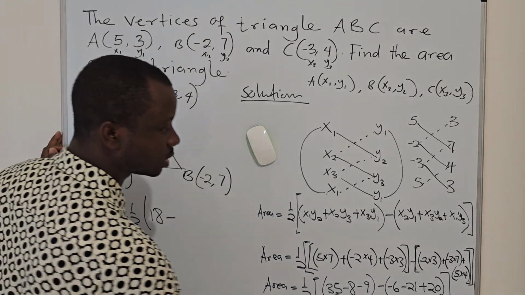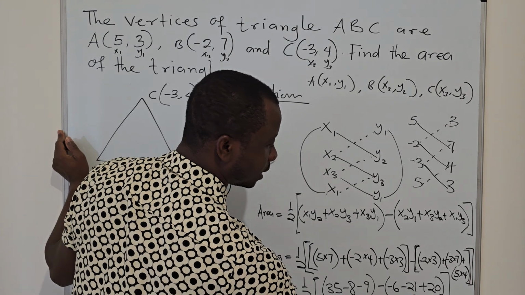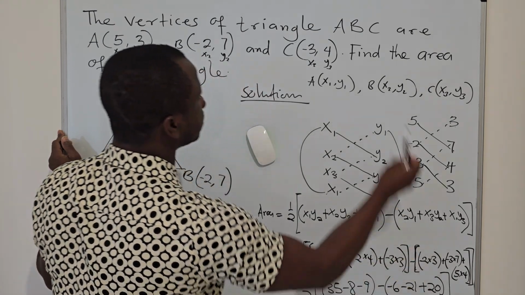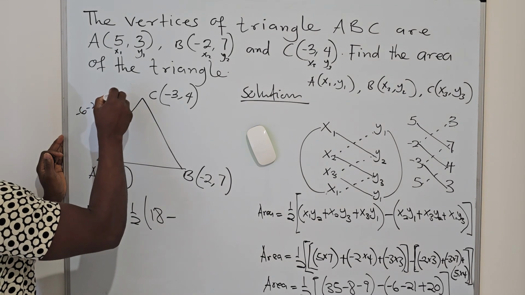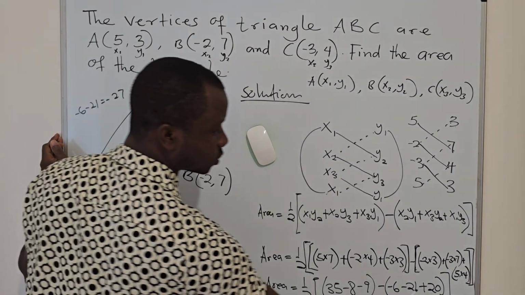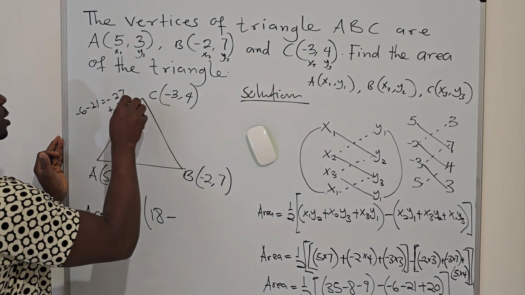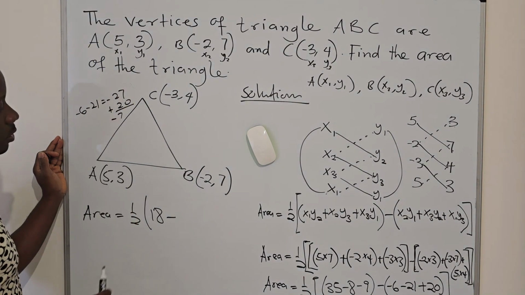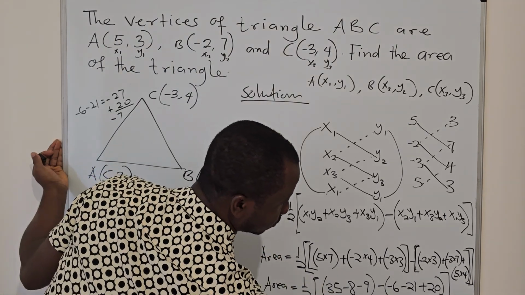Now let's go here. So -6 minus 21 is minus 27. That is minus 6 minus 21 is going to give you minus 27. And then minus 27 plus 20. So plus 20 is going to give you minus 7. So that one is minus 7. The whole bracket here, you get minus 7.